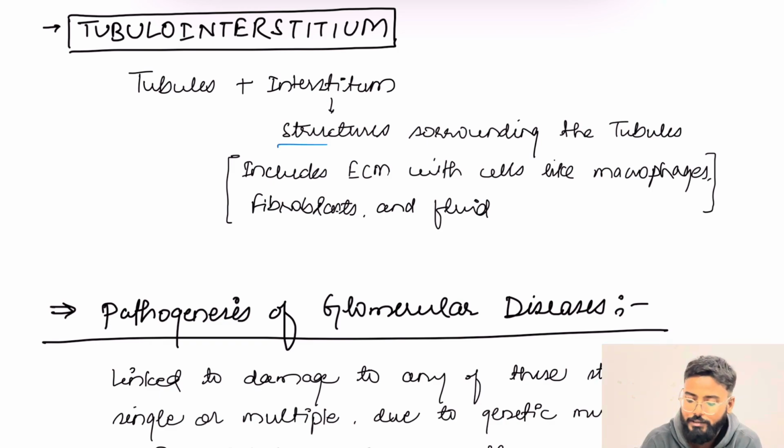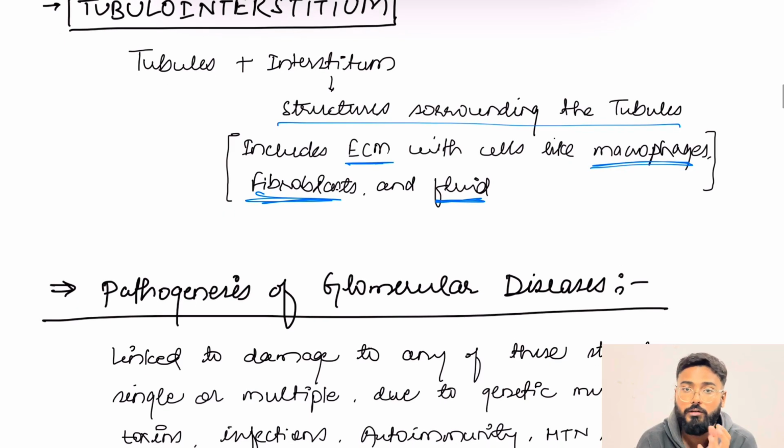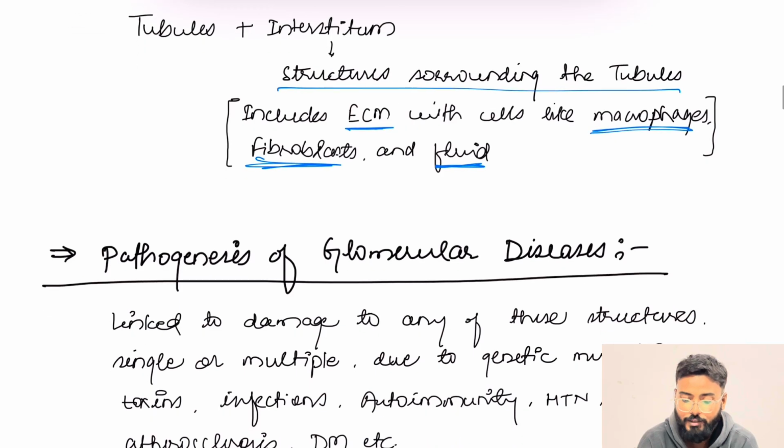It includes extracellular matrix, and some cells like macrophages, fibroblasts, and the fluids that are going to get exchanged between your vasa recta and your loop of Henle. So this is the interstitium.